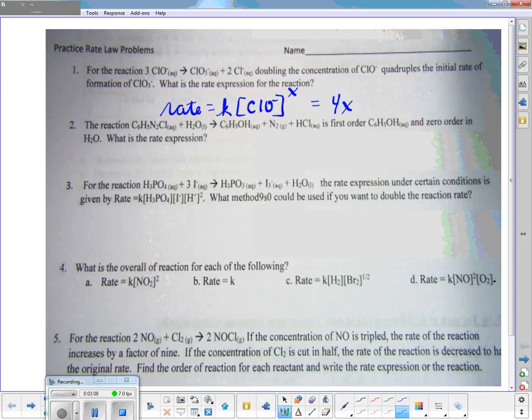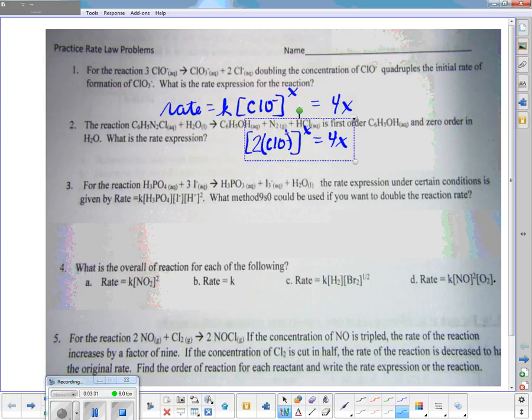Okay, so if it's 4 times, and I doubled this, what power, I used x, I shouldn't use x, 2 times ClO minus. If I 2 times that, and it's still to a power, and it equals 4, what does x have to be?